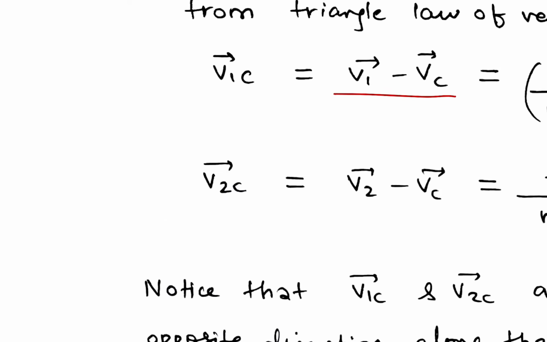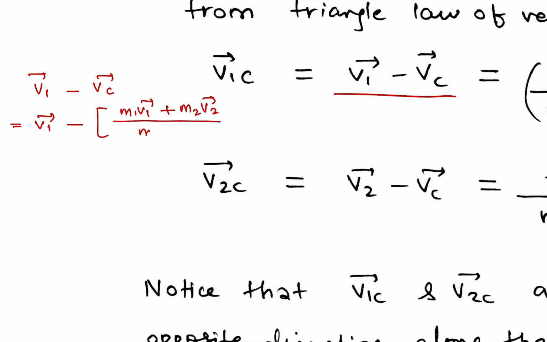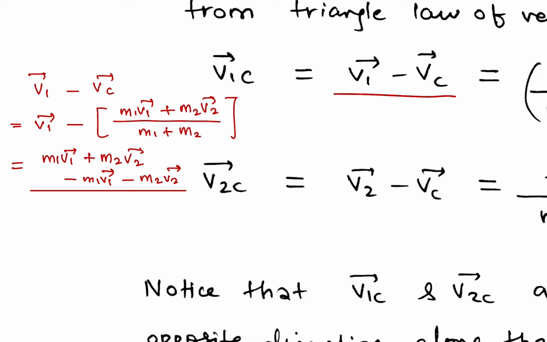V1 minus Vc is nothing but V1 minus (M1 V1 plus M2 V2) divided by (M1 plus M2). And when you solve that, you will get M1 V1 plus M2 V1 minus M1 V1 minus M2 V2, divided by M1 plus M2.